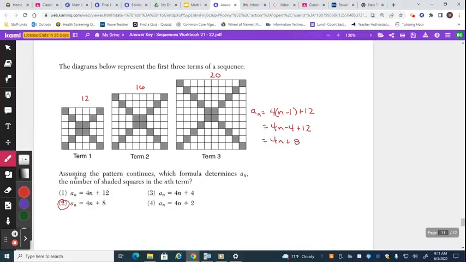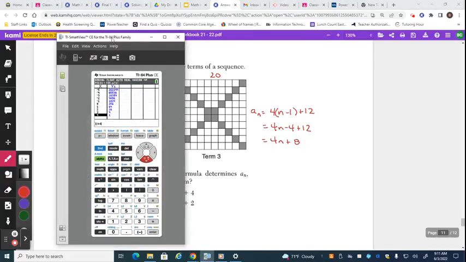The next one, they're asking for the explicit formula. Each term is going up by 4, and the first term is 12. So I plugged those in, and I figured out the equation is 4n plus 8. As always, I would recommend just double checking.